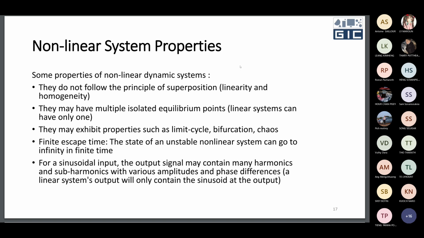When something like that happens, we say you have multiple isolated equilibrium solutions, and we call such a system a nonlinear system. So you have equilibrium points and equilibrium solutions, and those things connect together.